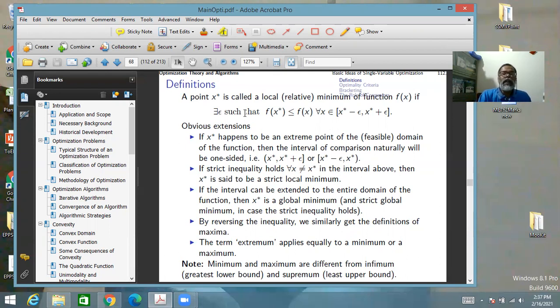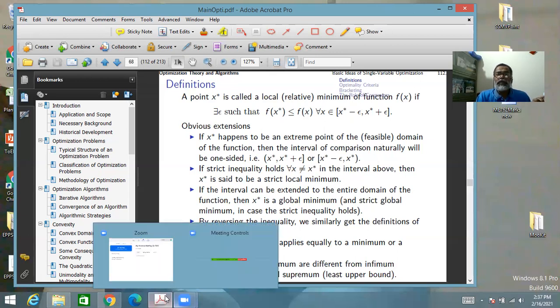Now there are a few obvious extensions of this in certain situations. For example, if the function domain ends at x star, then either this side will not be there in the domain or that side will not be in the domain. So if x star happens to be an extreme point of the feasible domain of the function, then the interval of comparison will be one-sided.